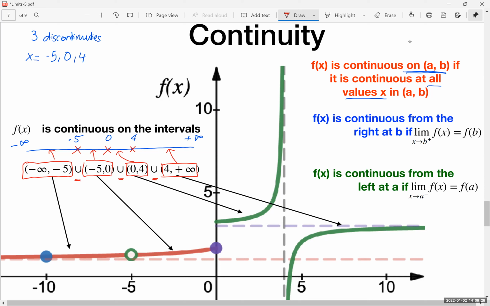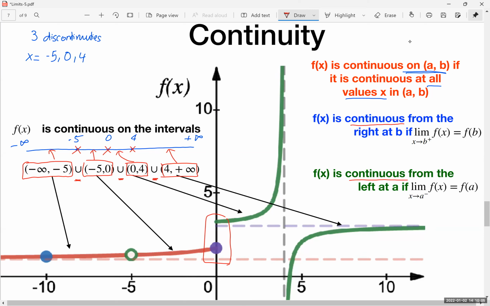And then there are two kinds of continuity at a point. Even though at some points the function is discontinuous, the function can be continuous to the left or to the right of that discontinuity. For example, if we look at this point right here, the function is discontinuous at x equals 0.